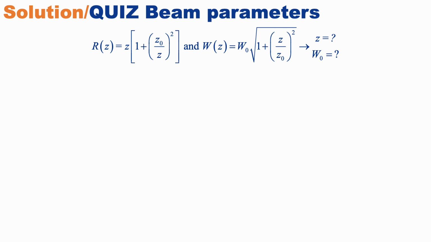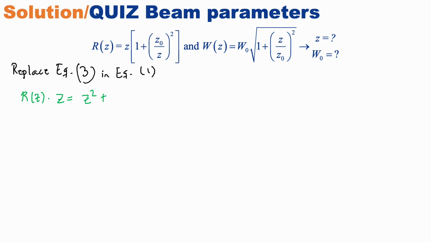So now what I'm gonna do is replace equation number 3 in equation number 1. So you remember number 1. Number 1 is the one that says that the product of the radius of curvature with the distance, this is c, squared plus the square of the Rayleigh range.